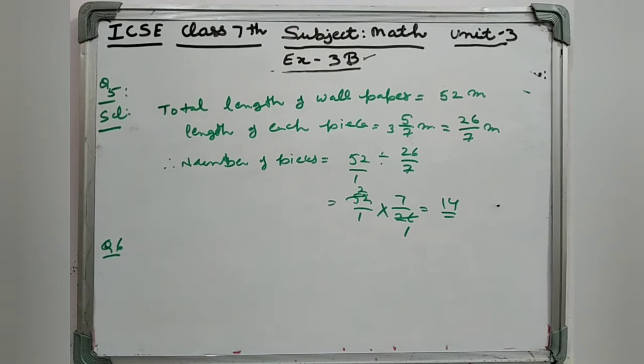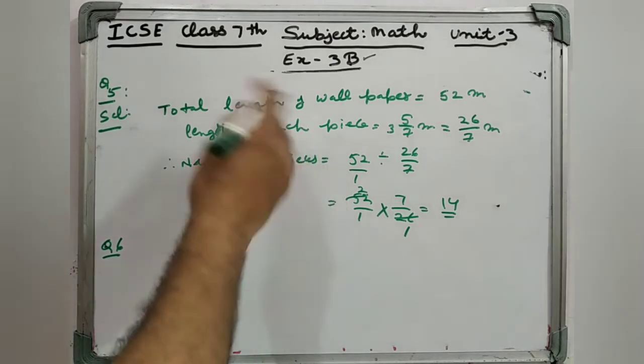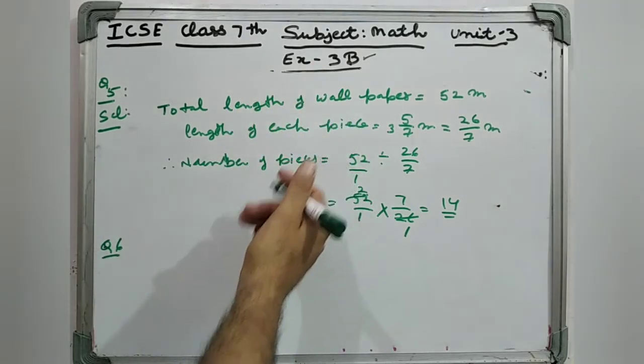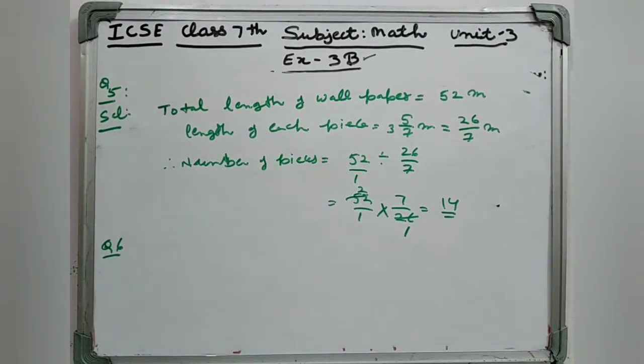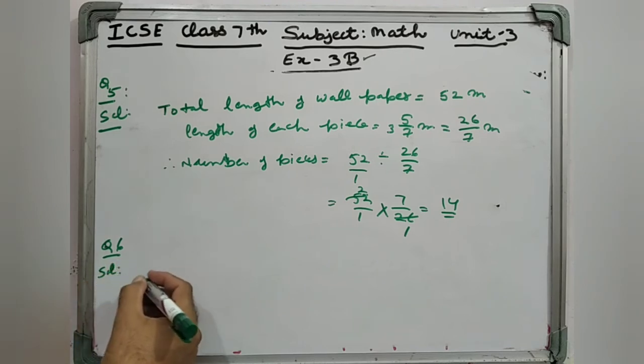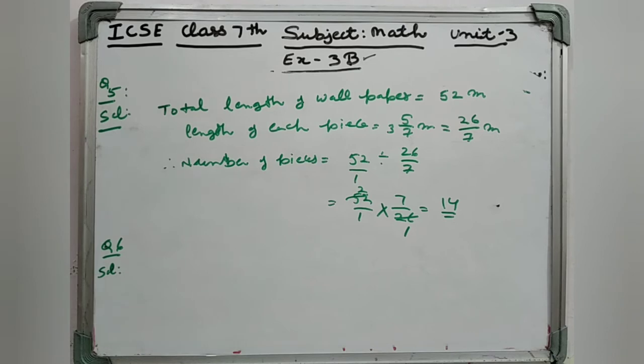A logwood of 6 by 7 meter in length was cut into 11 pieces. This is the vice versa of the previous question: what is the length of each piece? Right now, solution. The total length and the number of pieces are given here.